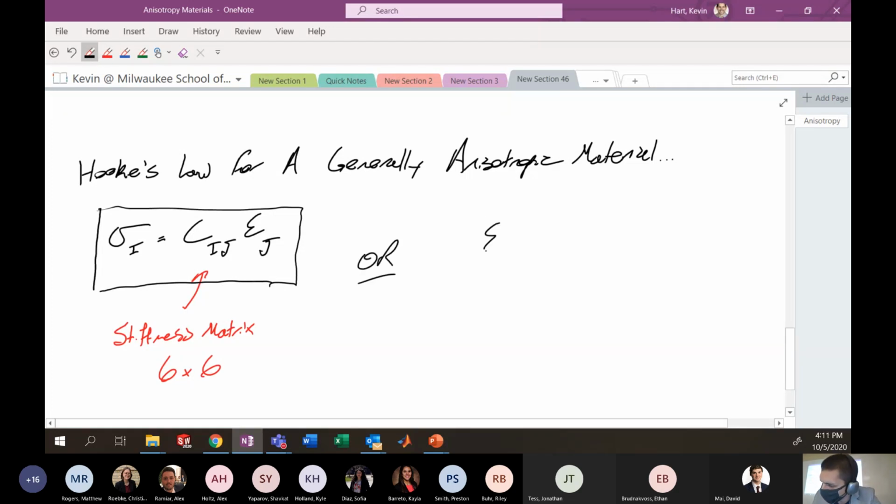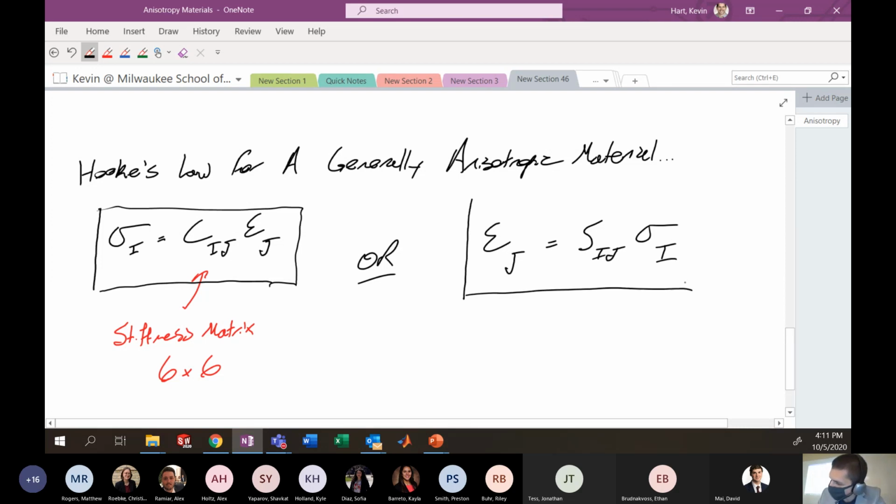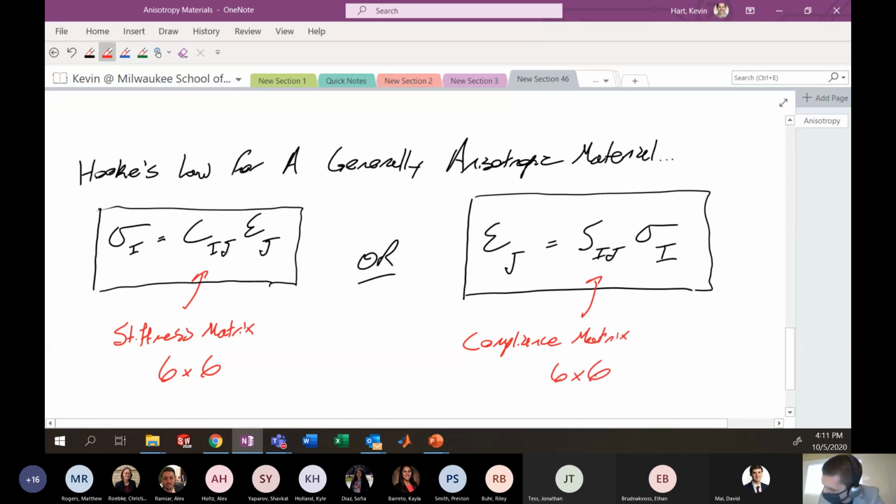Or you might see it the other way, with the strain written in terms of the stresses, where this Sij is the compliance matrix, which is again 6 by 6.